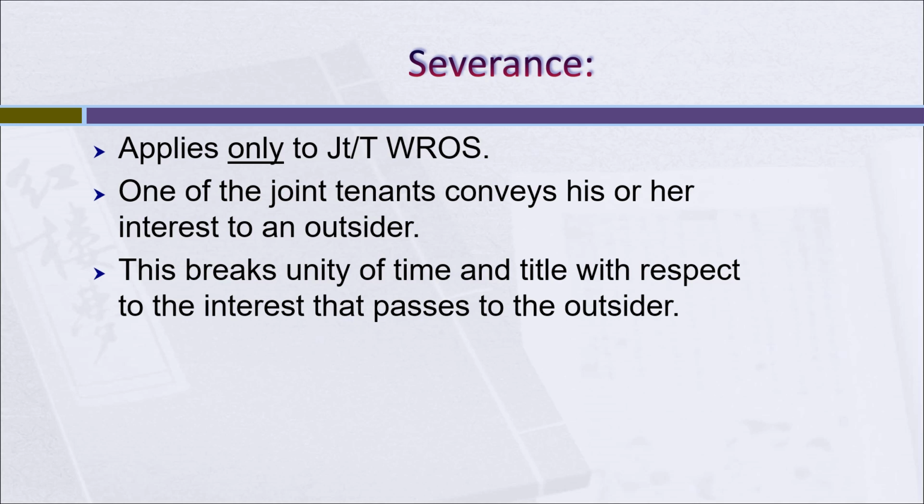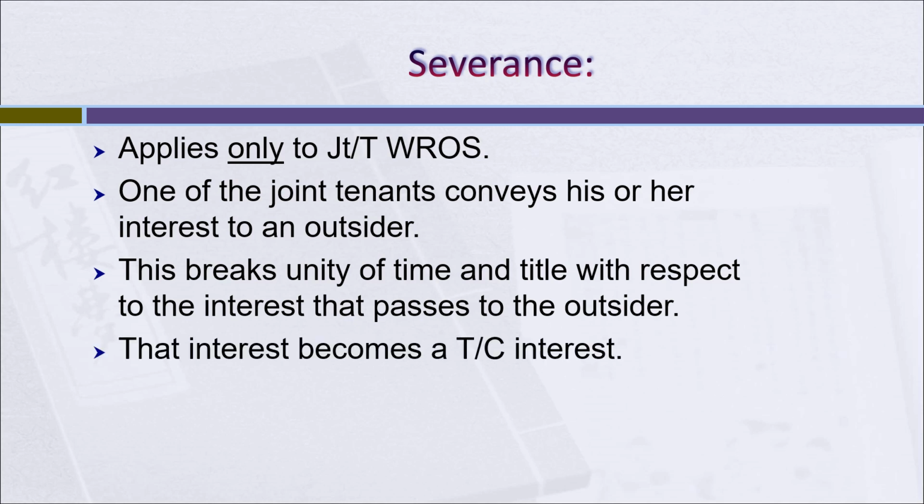In other words, they don't have unity of time or unity of title with the insider or insiders, the people who are left in the original group. The result is that the interest that goes to the outsider can't be a joint tenancy with right of survivorship because it doesn't have the four unities that we talked about in the previous video. So that interest becomes a tenancy in common interest instead.